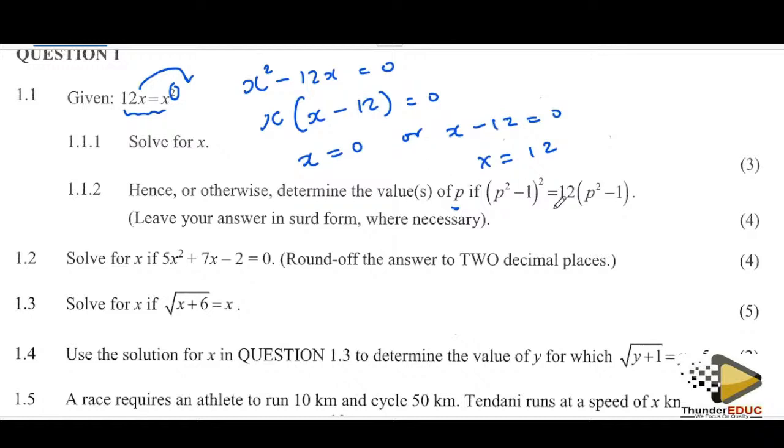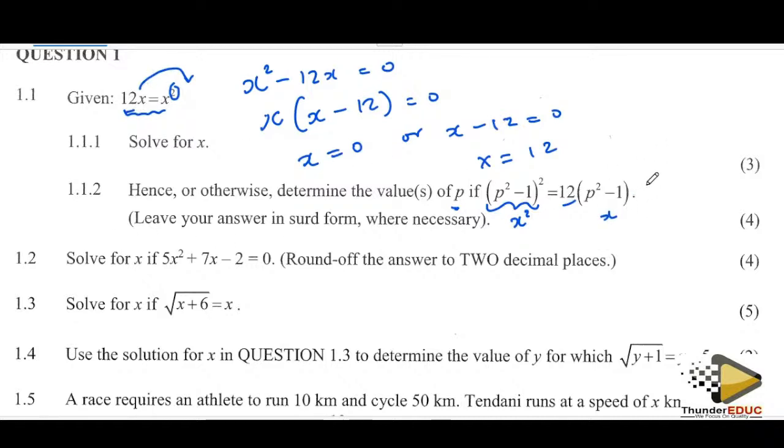So when I look at this and compare it to the original question, if this is p squared minus 1 squared, it's as good as someone saying this is x squared, because I see a 12 here and I see a 12 here, and then this is the x.